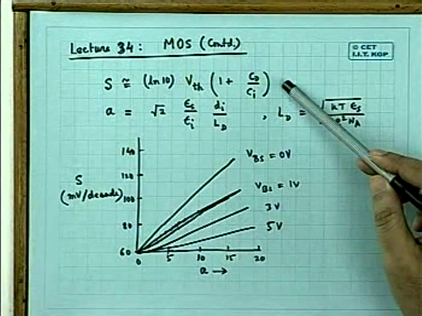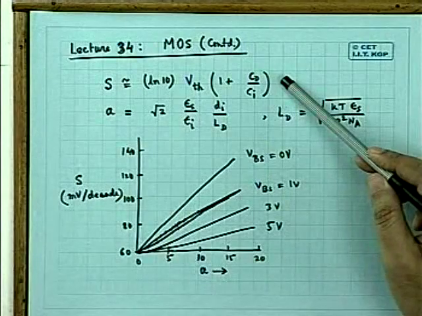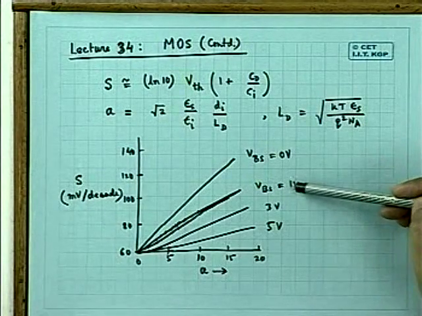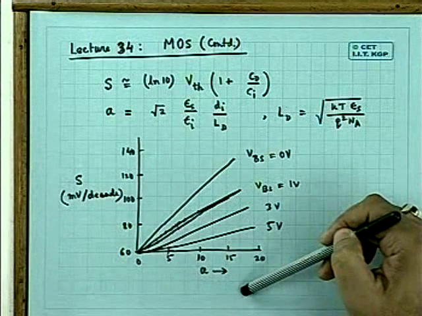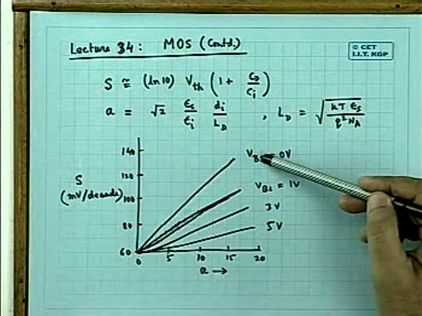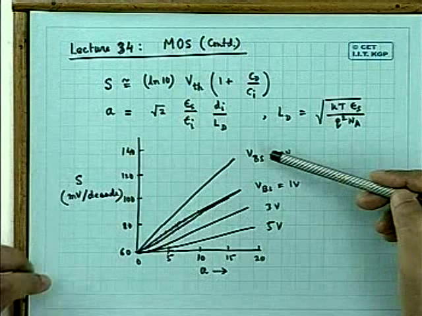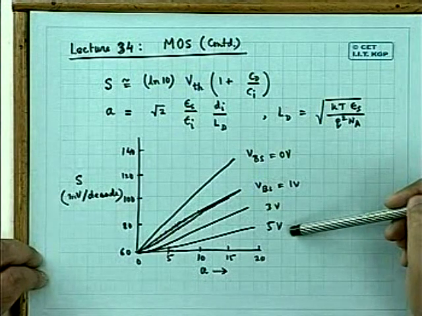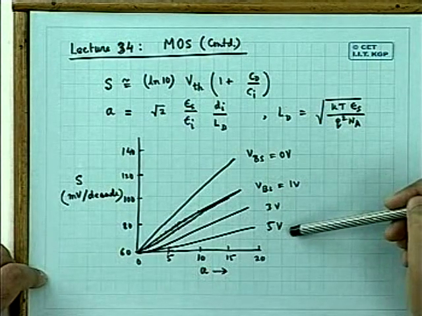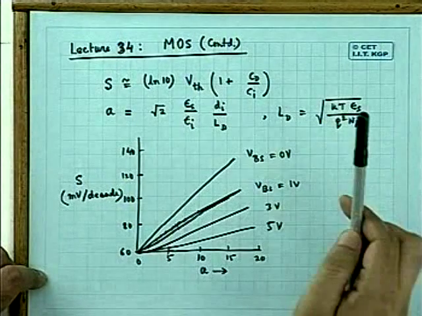Looking at this equation, for different values of VBS, S has been plotted against A. And it shows that as we apply a reverse bias, the subthreshold slope is lowered, which is desirable, is it not? We need a very sharp threshold. A sharp threshold means a smaller value of S.